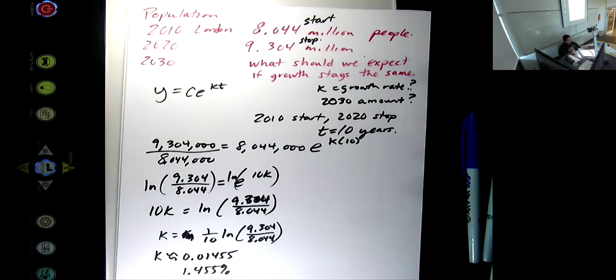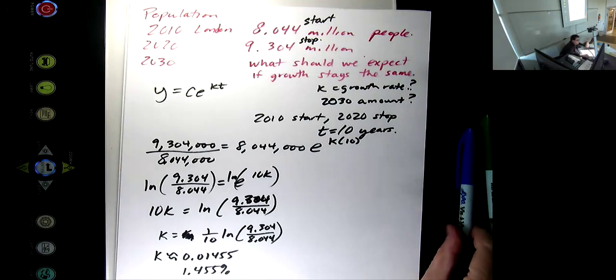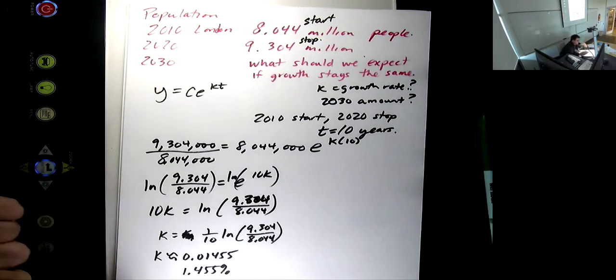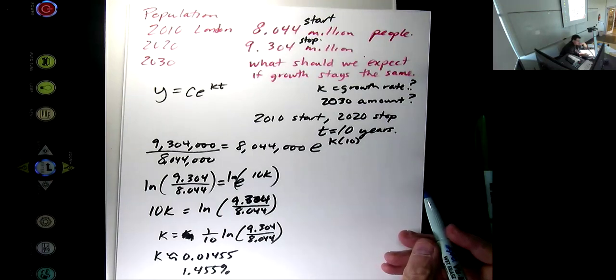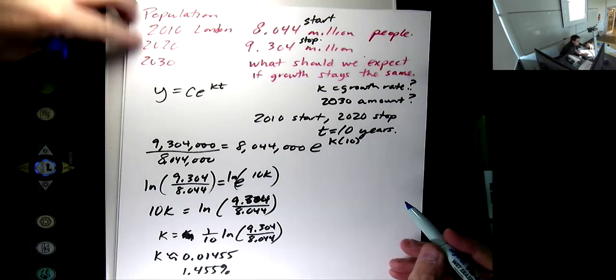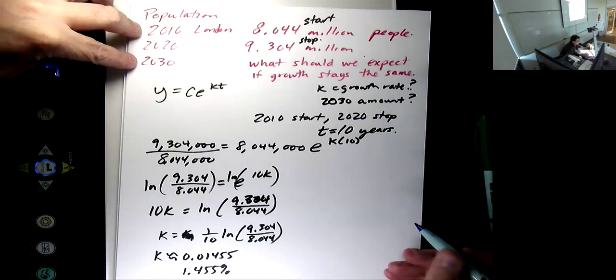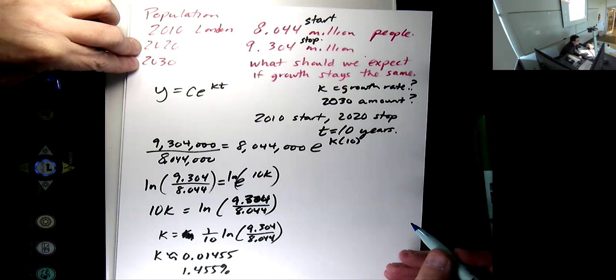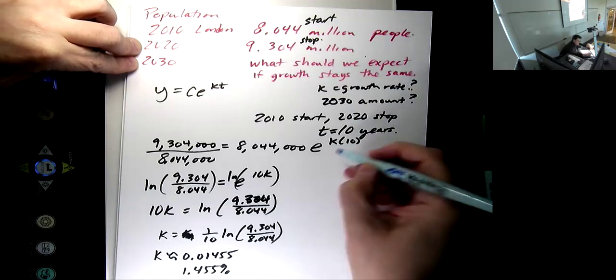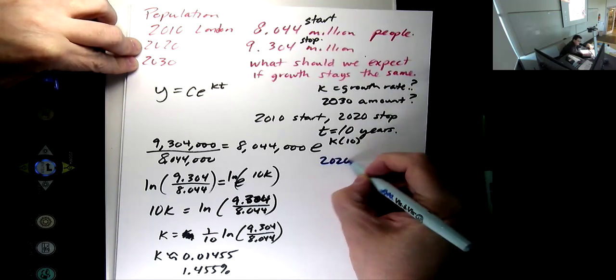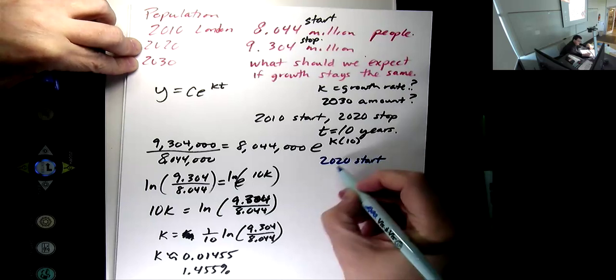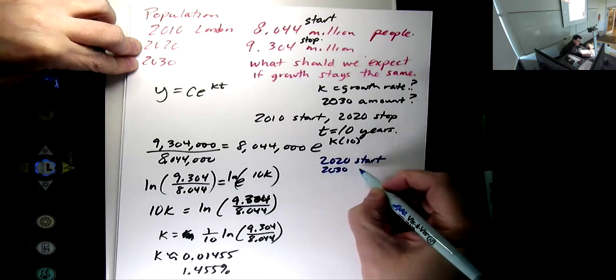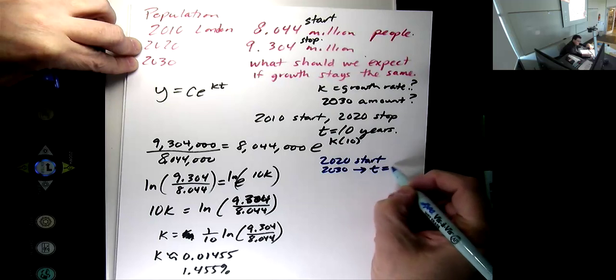But that's not what we're looking for. In 2030, what will we have? We can pick either one of these as a start year. I'm gonna use 2020 just so time is 10. So if I use 2020 as a start, 2030 is the unknown value, which gives me T equals 10 years.